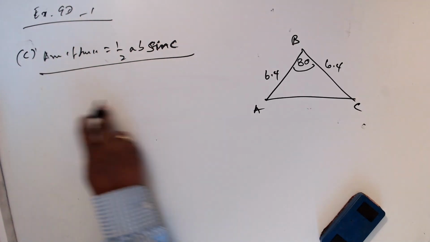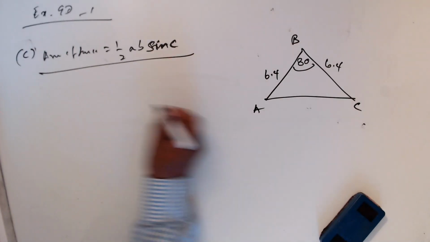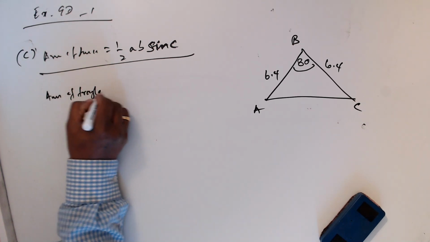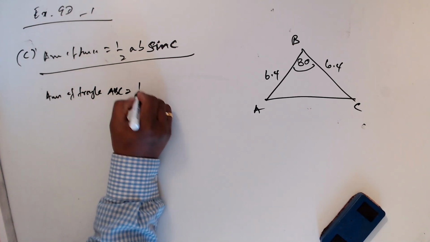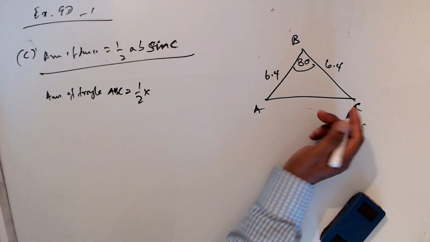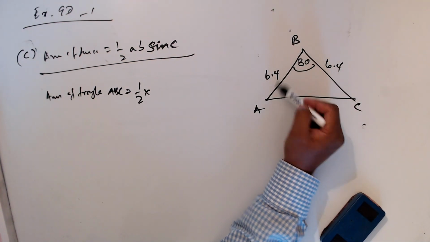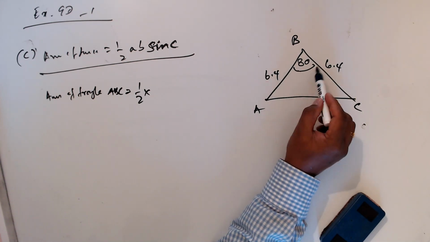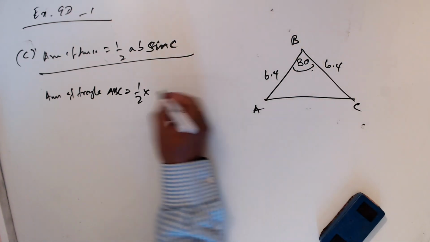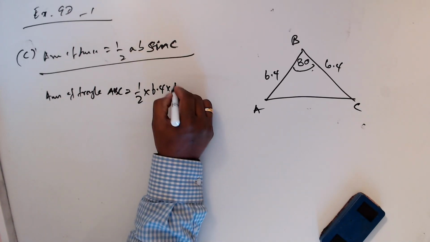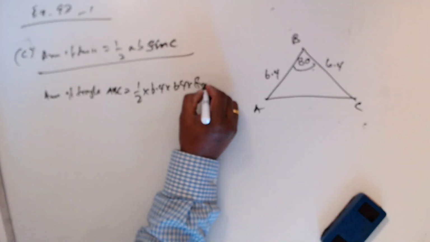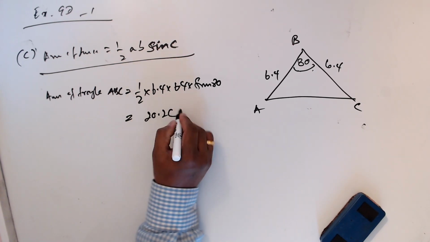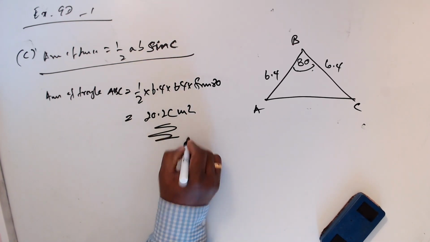Part C, it is easy. Again, area of triangle ABC is half a, let's do the testing, known length, and angle between these known lengths. Yes, that's fine. 6.4 times 6.4 times sine 80, which is going to be 20.2 cm square.